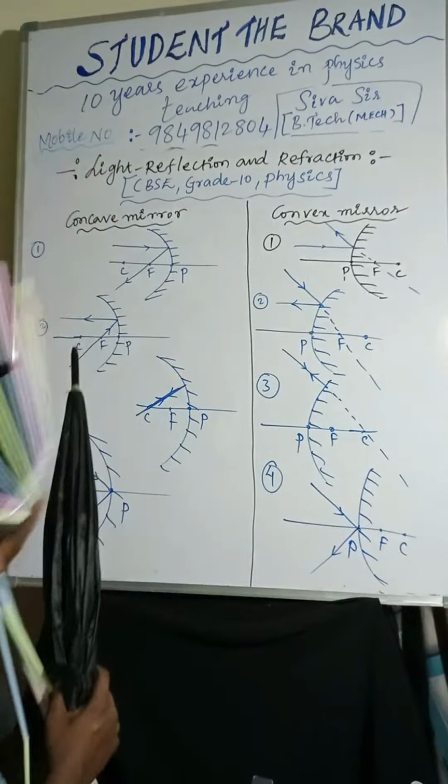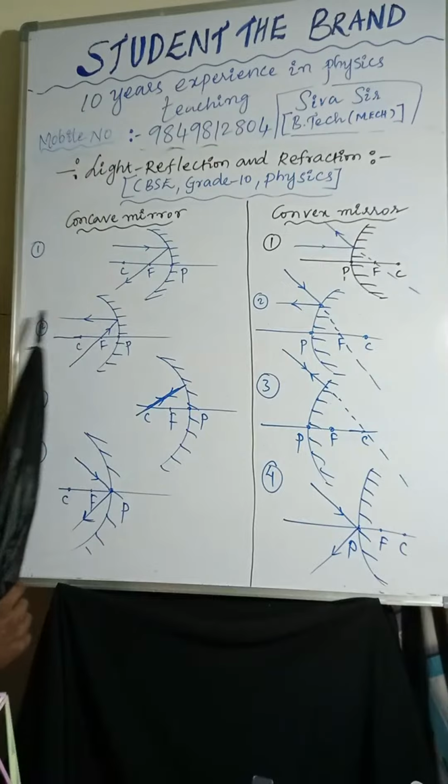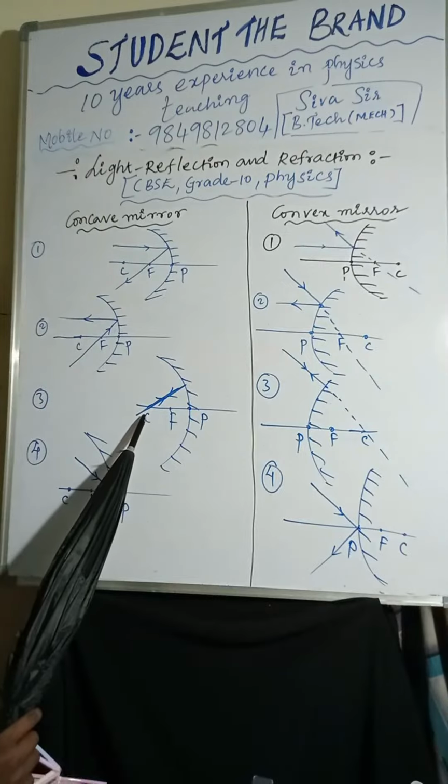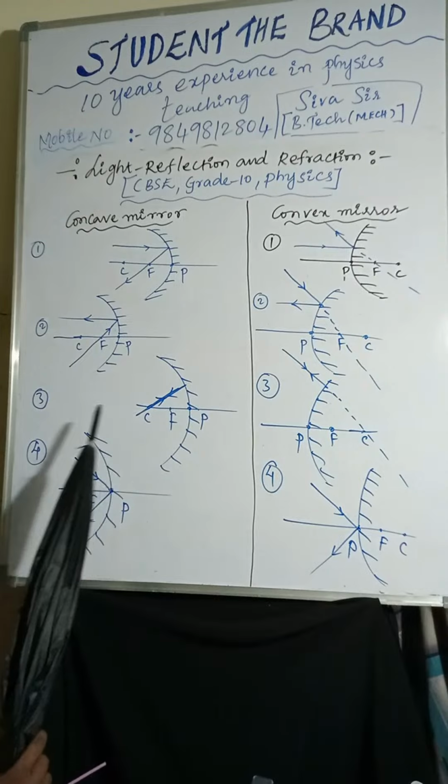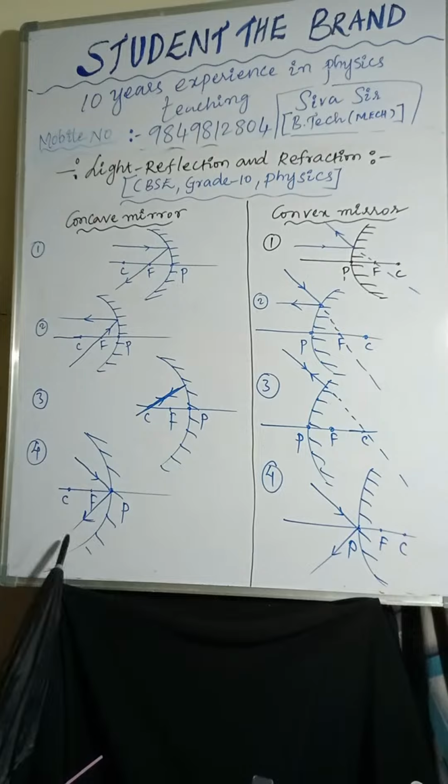Light rays passing through the focus, after reflection, move towards infinity. Light rays passing through the center of curvature retrace their path. Light rays incident at the pole reflect back.